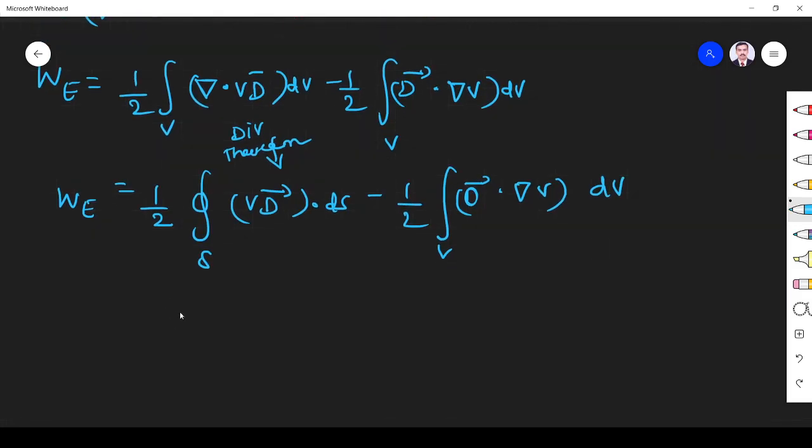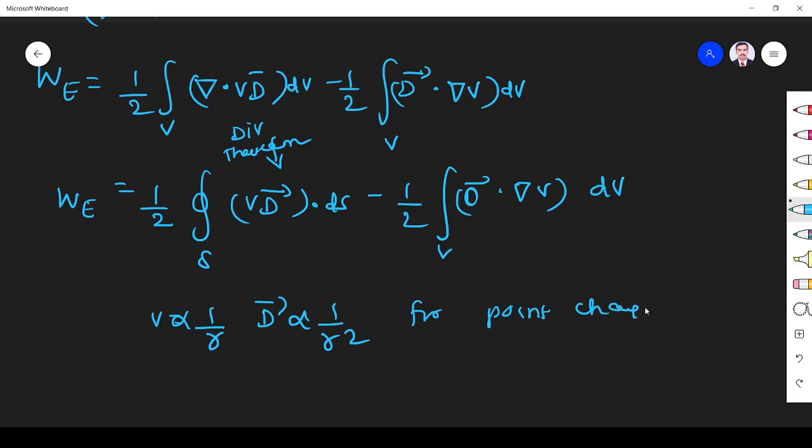And we know that V is directly proportional to 1 by R and D is directly proportional to 1 by R square. That we already studied. If you have any doubt, please refer to my video on potential and electric flux density for point charge.